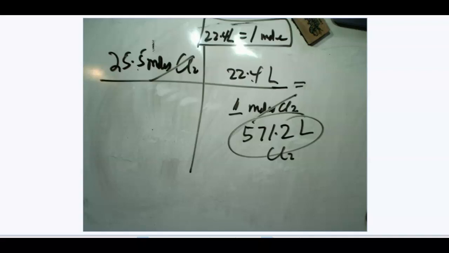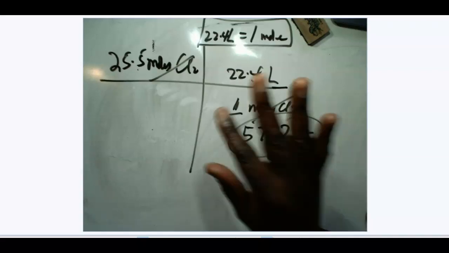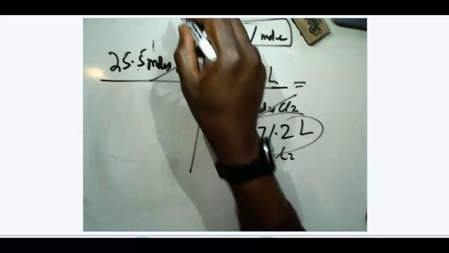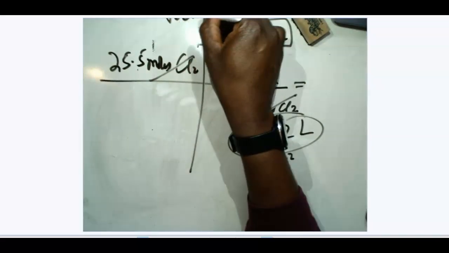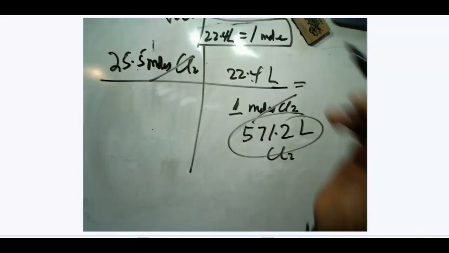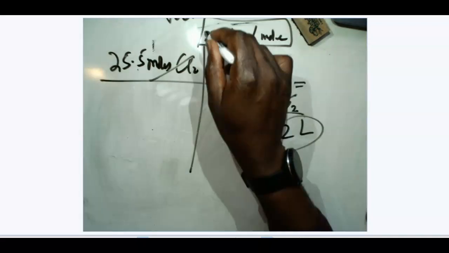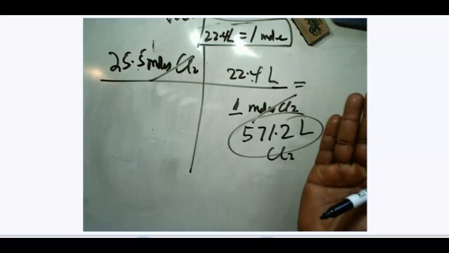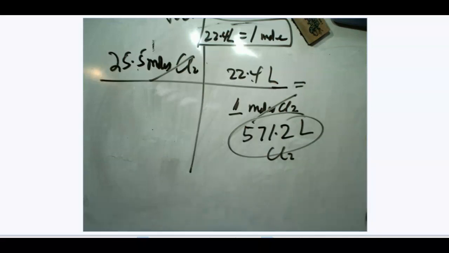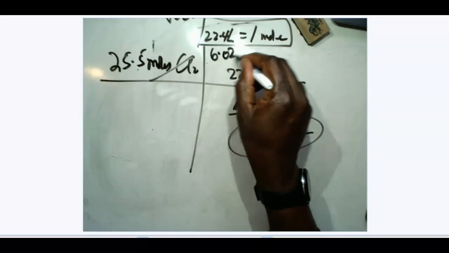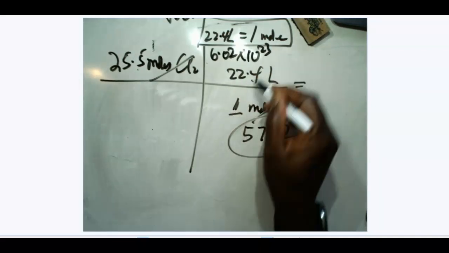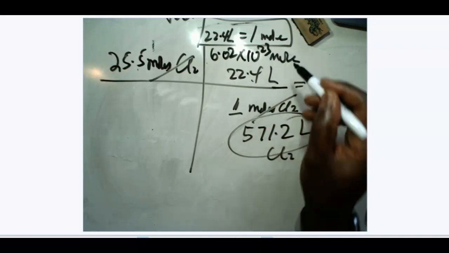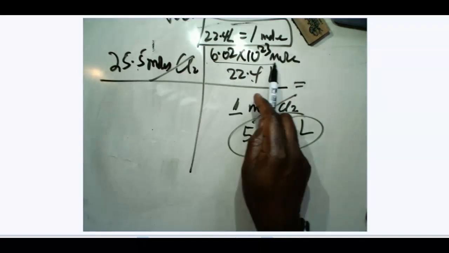There's no other way. Because if you are looking for volume, you say, what is the volume of the gas? The first thing that comes to your mind is 22.4. It's the constant. It doesn't change. Just like Avogadro's number, every 1 mole of a substance contains this many molecules.